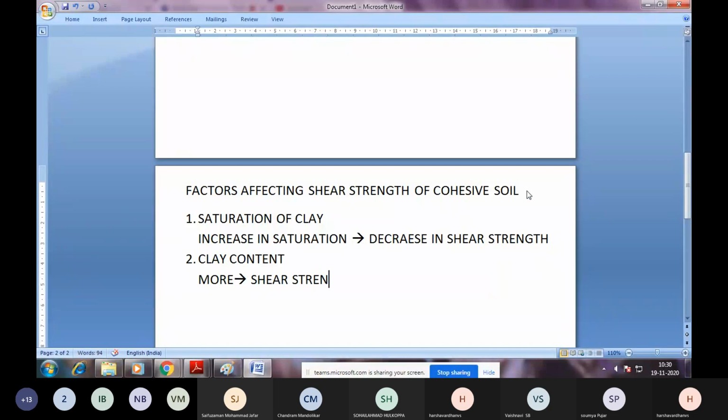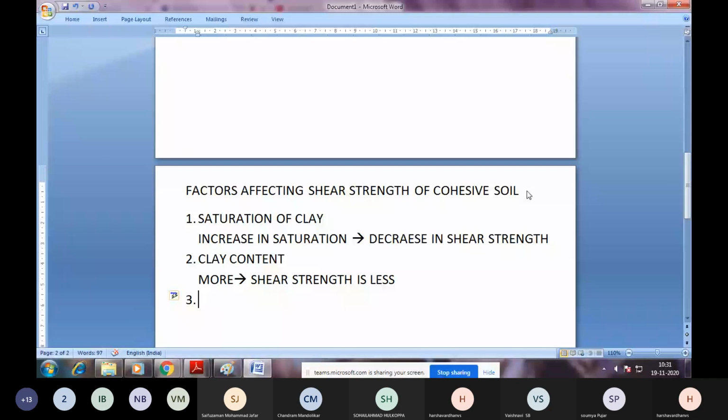If it is a sandy clay or a clay gravel, then if the content of clay is more in those types of soil, it leads to decrease in shear strength. More clay content, less will be shear strength.